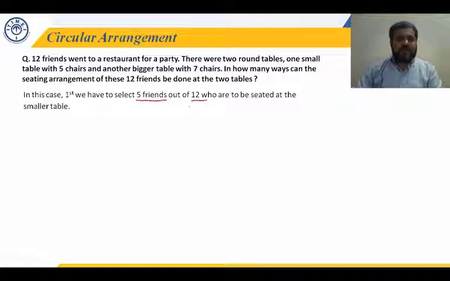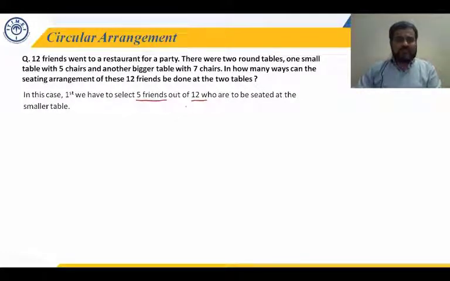Fine. So you can either select 5 friends out of 12 to be seated at the smaller table, or you can select 7 friends out of 12 friends to be seated at the bigger table. You have to do any one of these, not both, because once you select 5 friends, then the remaining 7 will automatically sit at the bigger table.